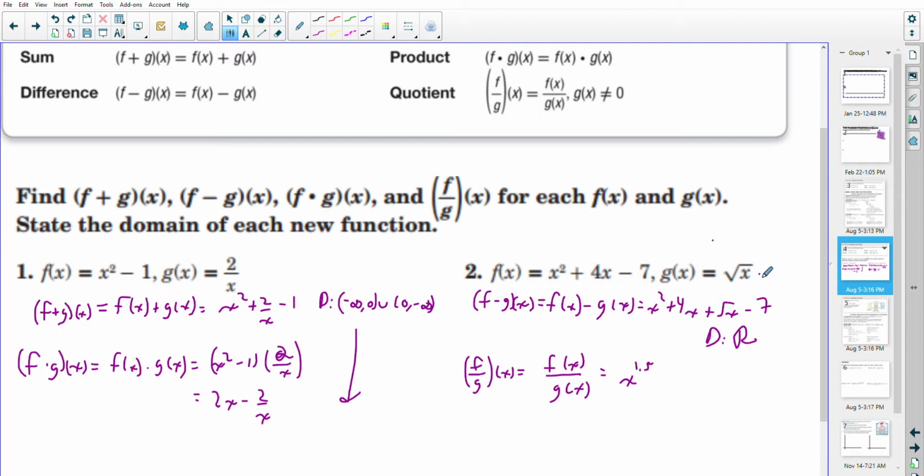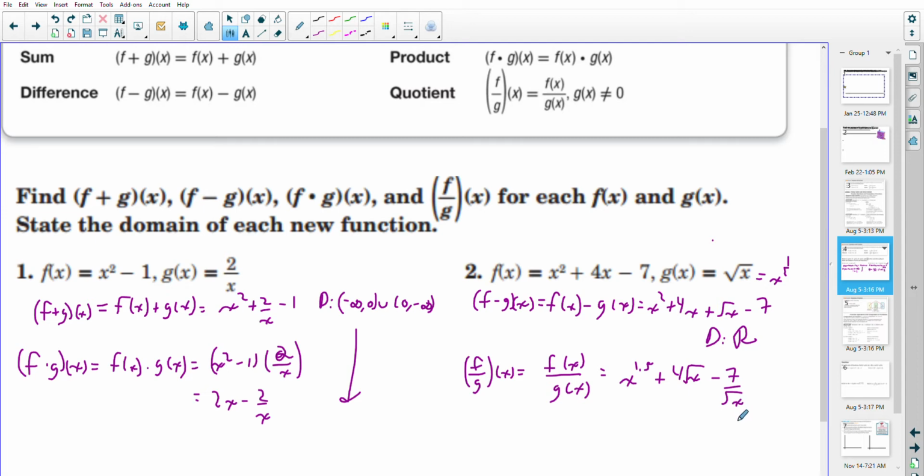This is x to the 1/2 power. So you're going to subtract those exponents. And again, plus 4x to the 1/2, which would be the square root. And the last one would be minus 7 over x square root of x.